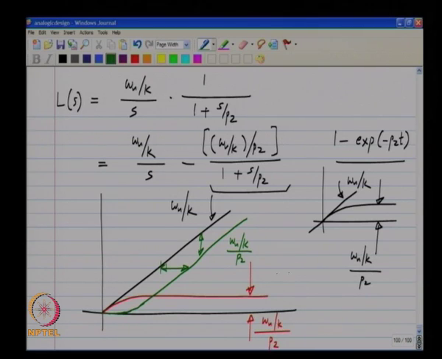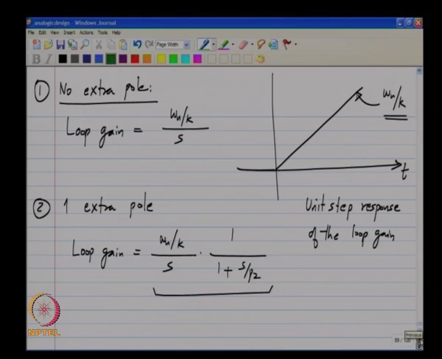Okay. And the difference in the horizontal direction is nothing but the difference in the vertical direction divided by the slope. So, the difference in the horizontal direction is nothing but 1 by P2. Okay. So, plotting it on this axis here, if I have an extra pole P2, I get a response which has some detail here which I am going to ignore for now, but in the long term is simply horizontally shifted compared to the ideal response, and the horizontal shift equals 1 by P2.